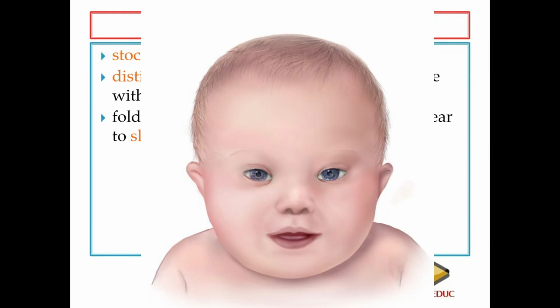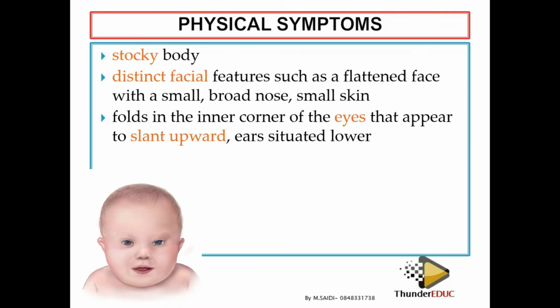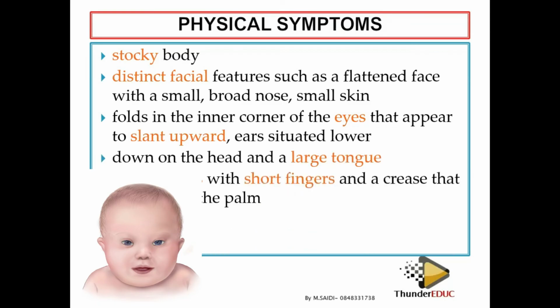So the folds in the inner corner of the eyes appear to slant upwards, and then a large tongue. These kids have a large tongue. Actually, the tongue is always protruding out. Yes, with the small eyes. Actually, the eyes are tilted.